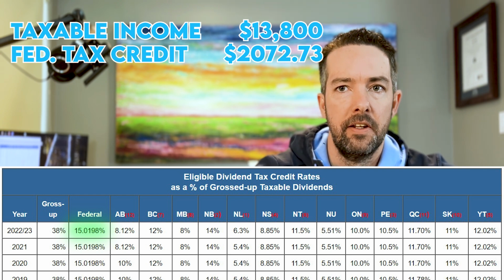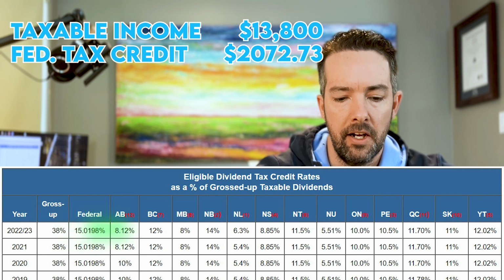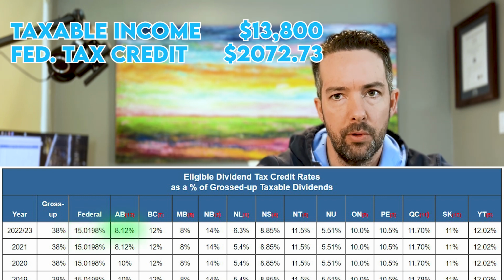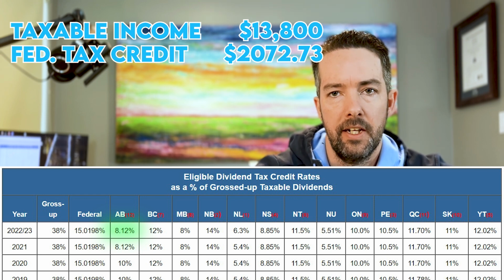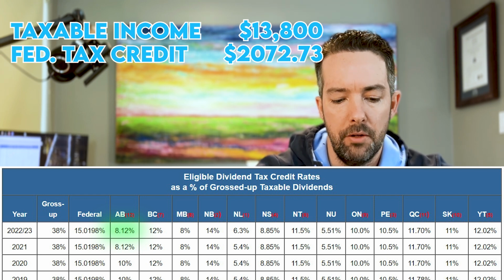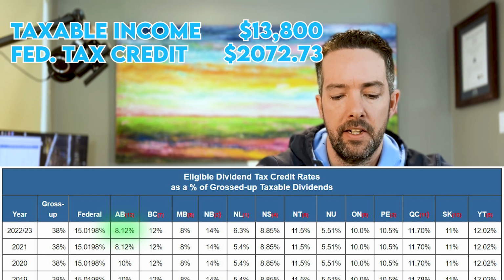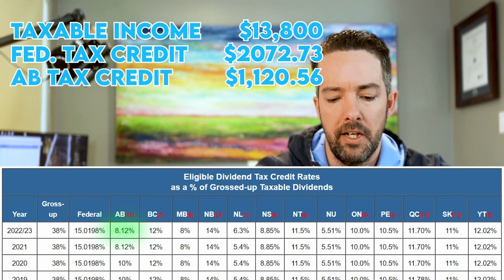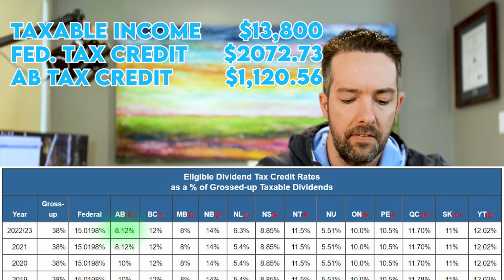$2,072.73. The Alberta tax credit on eligible dividends is 8.12%. So $13,800 times 8.12% is $1,120.56.